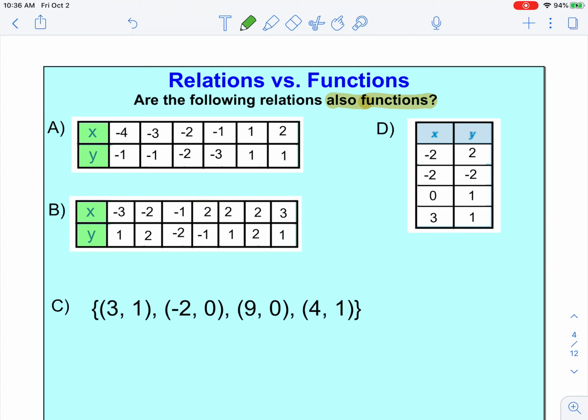We look at the values here for letter A. So if you look at the x's here, do you see any repeated values? No. So no repeats. So yes, this is a function.